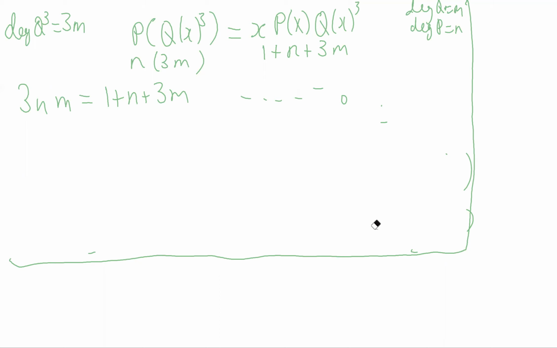Yeah, so these are all not constant polynomials. So these are all actually positive integers, yeah. And it's really hard for this to be true for positive integers.